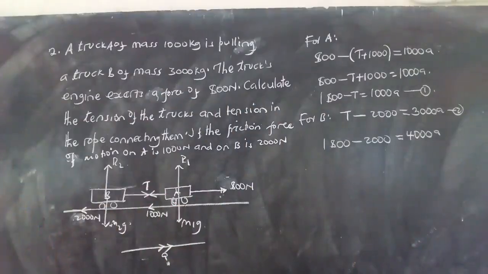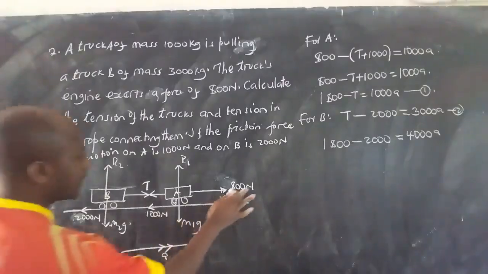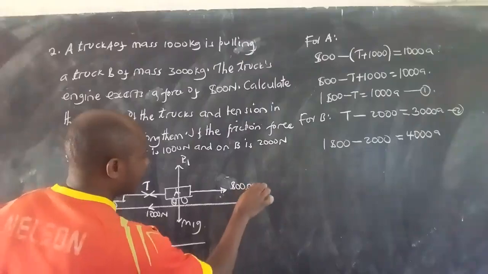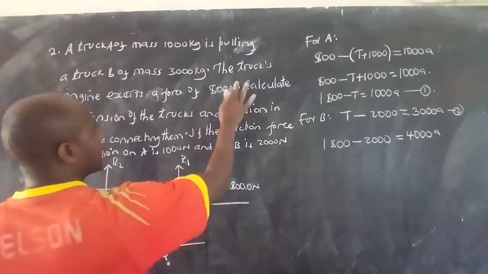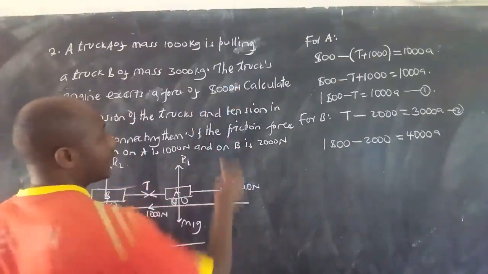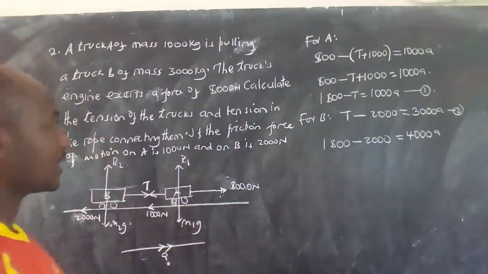We are going to get a negative acceleration, but negative acceleration means they are decelerating, okay? Yeah, I think there was a mistake there. It is 8,000, not 800. The pulling force is 8,000 because 800 cannot overcome these forces.